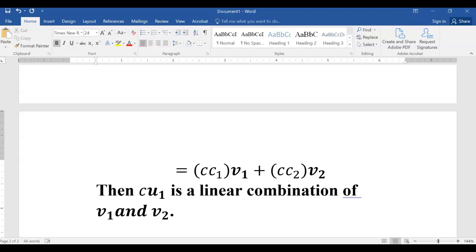So what we have is that c times u1 must be in my set H.